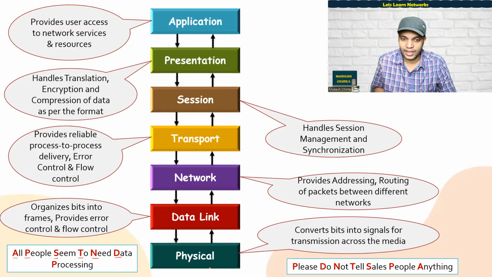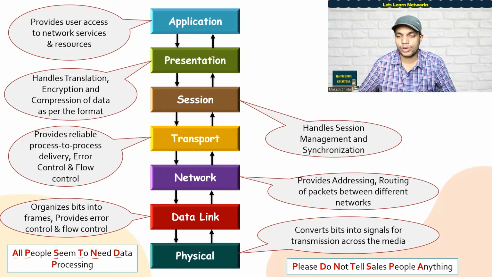At the receiver side, the physical layer receives the signals, decodes them back into data, and hands over the data to the data link layer, which processes it and forwards it to the network layer. And similarly, the data will move on to the upper layers till it reaches the application layer, where it is displayed to the user. This is how communication usually takes place in networks.